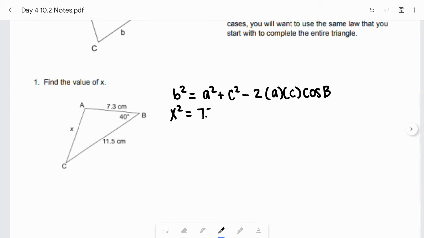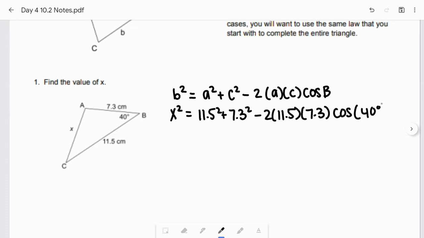Then I have 7.3 squared plus 11, well, actually those are switched. 11.5 squared plus 7.3 squared minus 2 times 11.5 times 7.3 times cosine of 40 degrees.